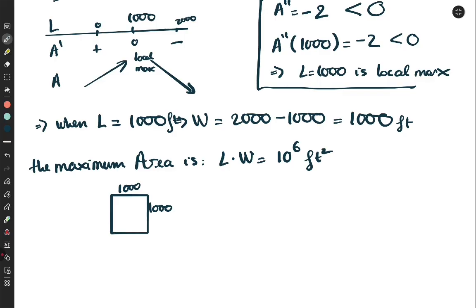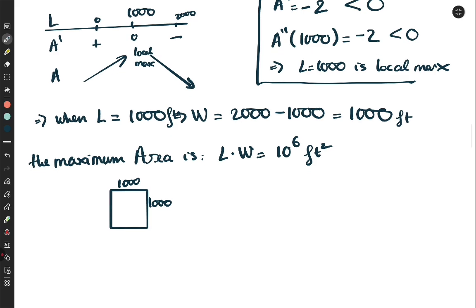I'm going to squeeze it to make some shape to cover the maximum area. What do you think the shape should be? A circle. You squeeze that, you make that into a circle. It's even more optimized than a square.